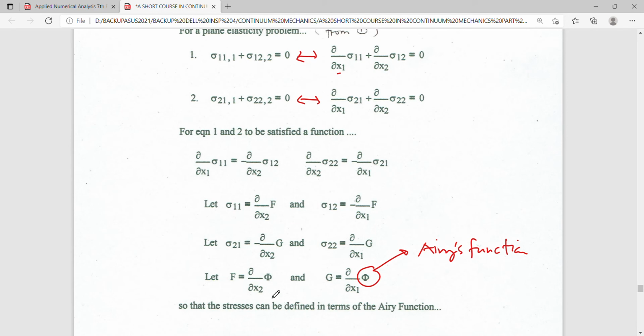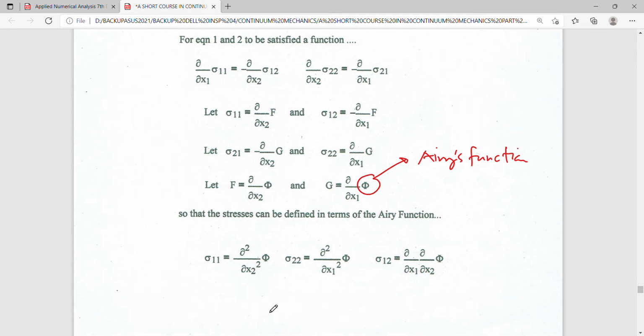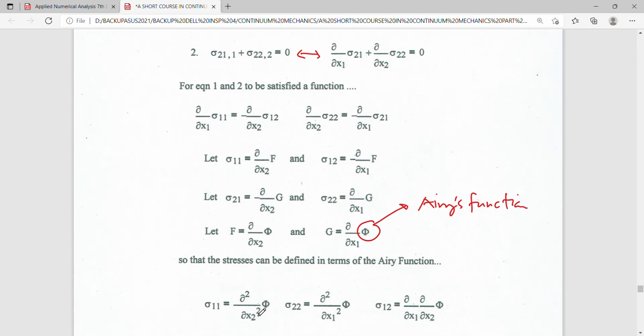Okay, so and substitute it later on the value here, so I will get this one here. Okay, so I will now get sigma 1 1, a double partial derivative of phi with respect to x2, and sigma 2 2 as a double partial derivative of phi with respect to x1.